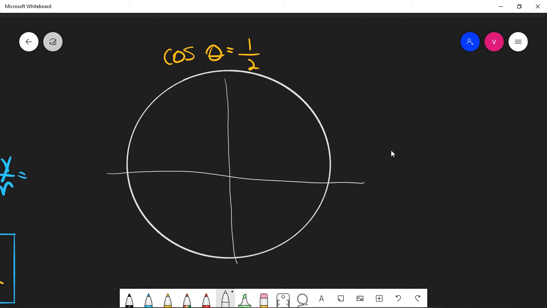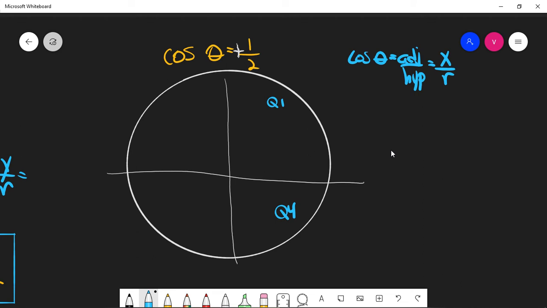So draw yourself a circle. This one happens to go automatically. Now, where is the cosine positive 1/2? That would be in quadrant 1, everything's positive in quadrant 1, and also in quadrant 4. The cosine of an angle is equal to adjacent over hypotenuse, adjacent is always x, and r is the hypotenuse.